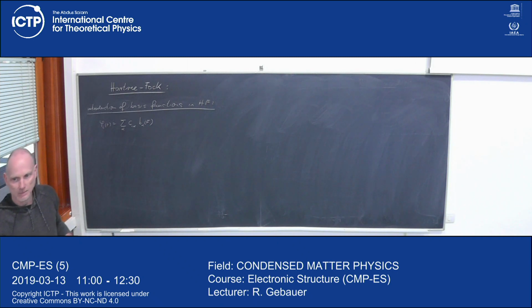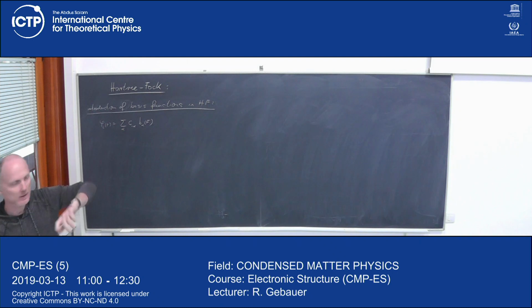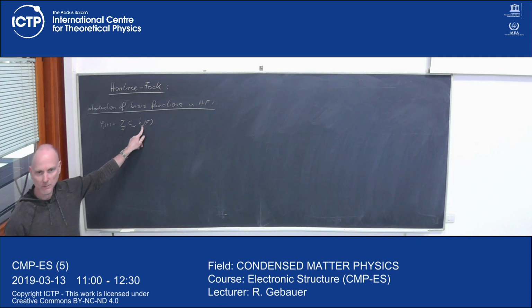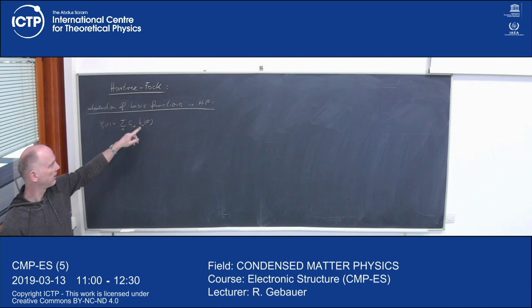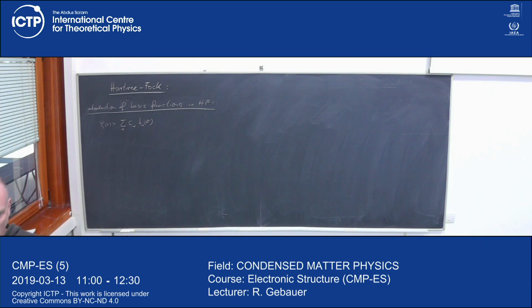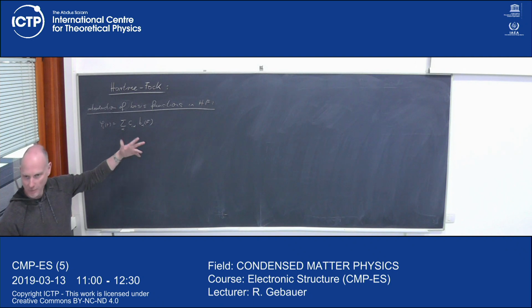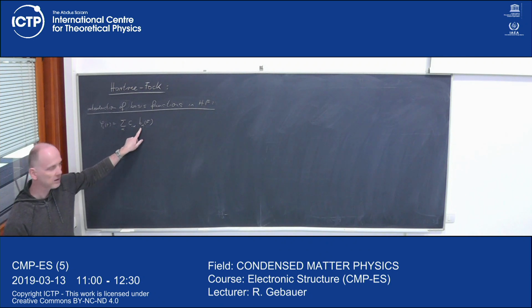And as we have said, those can be chosen either blindly as plane waves or something which does not depend on your system, or they can be chosen in a more chemically intuitive way as atomic orbitals of your system, or something which you know about the system. Obviously, you will have far fewer basis functions, and therefore everything is easier, if you choose basis functions which already look like the assumed solution of your system.